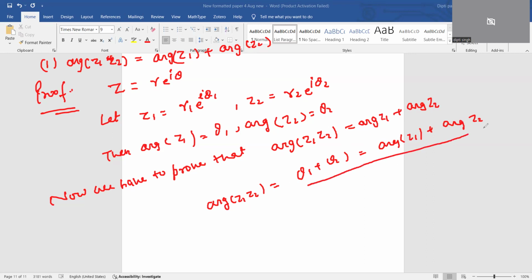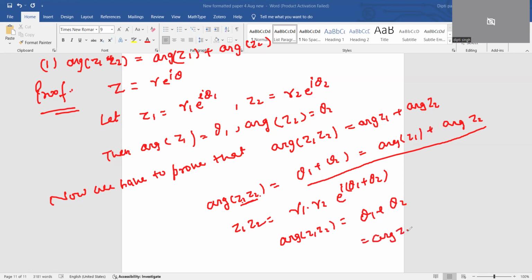We can prove it easily. Z1 Z2 will be R1 R2 e to the power I (theta 1 plus theta 2). So argument of Z1 Z2 will be theta 1 plus theta 2, and we know theta 1 is argument of Z1 and theta 2 is argument of Z2. So hence true.